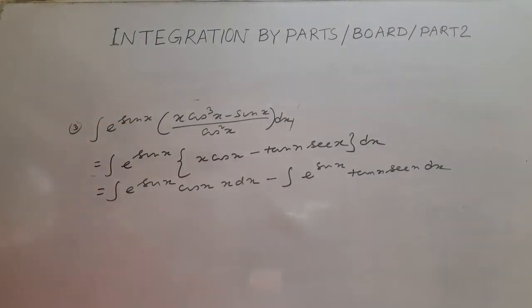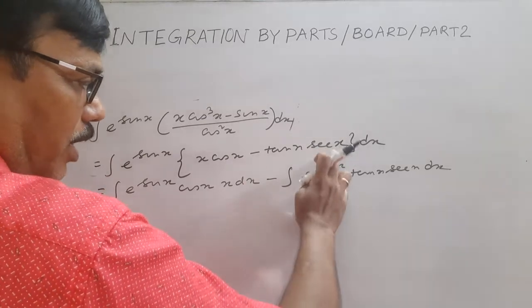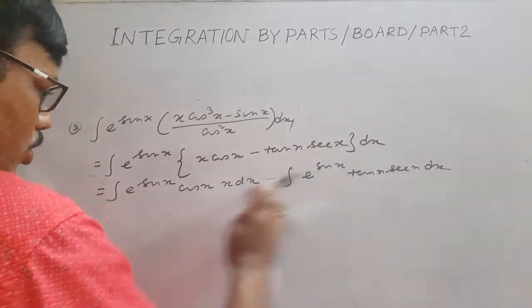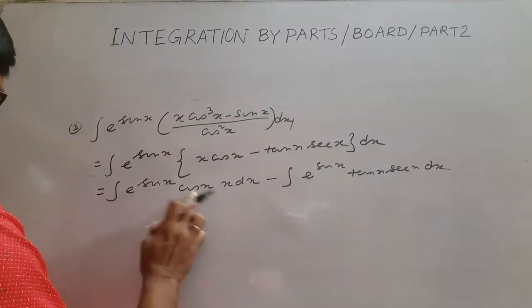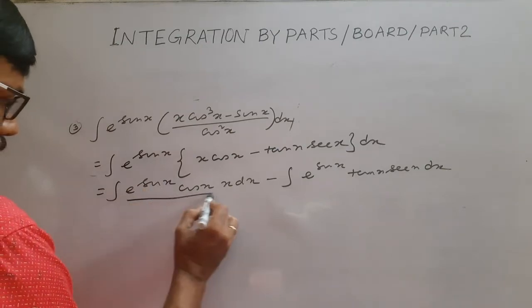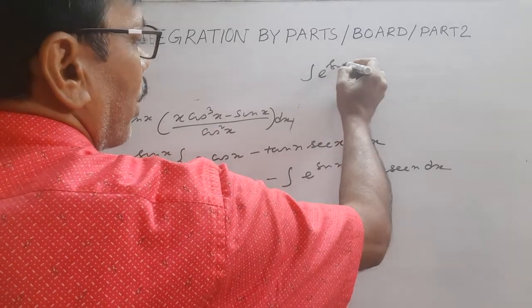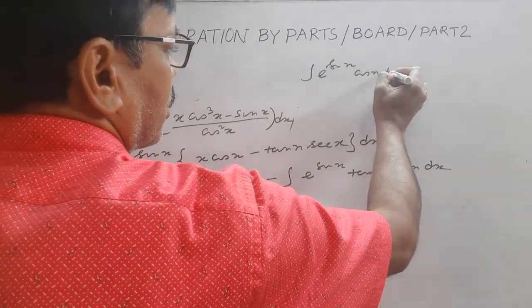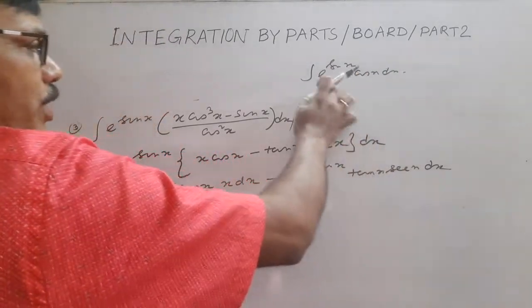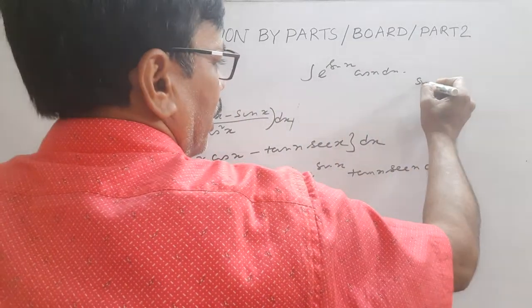Now look, e to the power sin x, derivative of sin x is cos x. So this is integrable, e to the power sin x into cos x dx. Due to the presence of this cos x, you can integrate it.